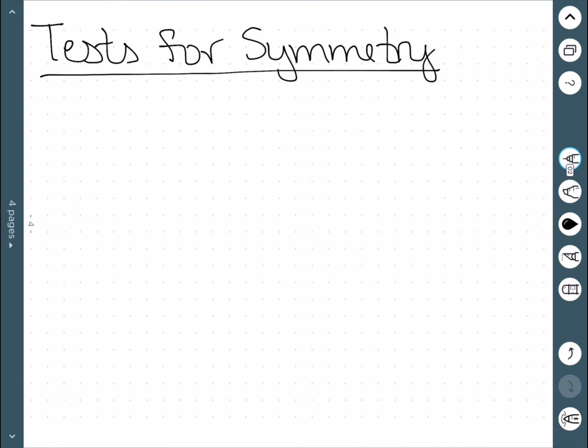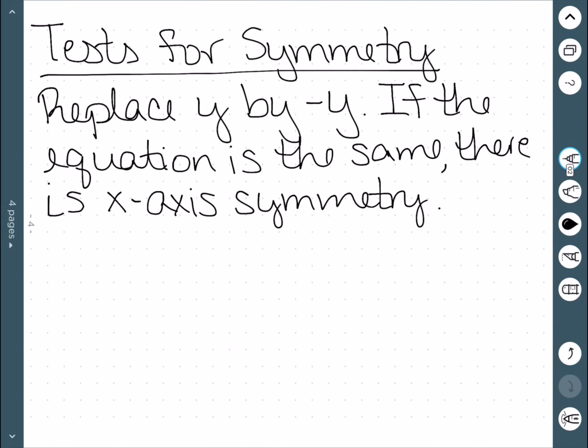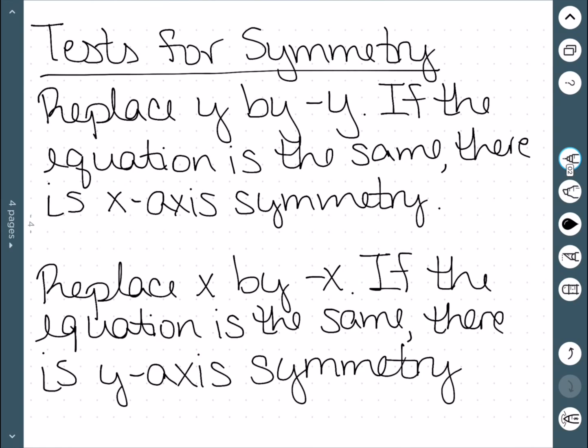We can test equations for symmetry, and essentially we're going to go about this in 3 steps. The first thing I'm going to do is replace y by negative y. If I do this and nothing in my equation changes, then I have symmetry with respect to the x-axis. The next thing I'll do is replace x by negative x.